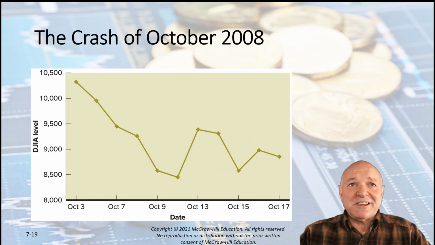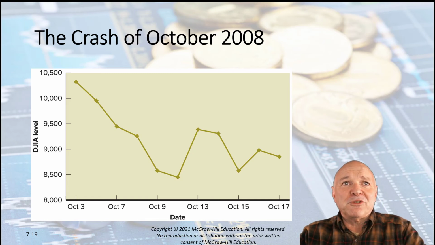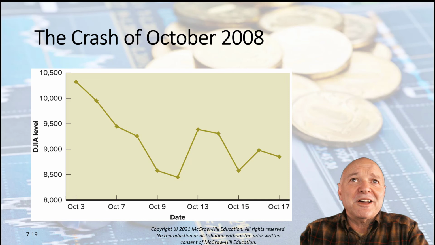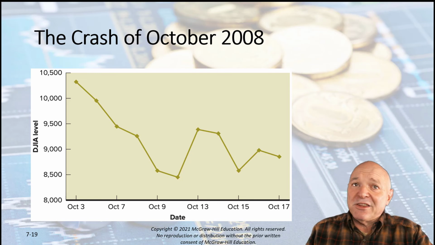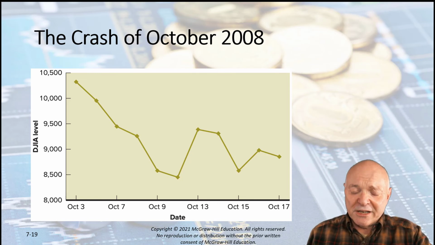And we could see that happening, of course, going from a peak on October 3rd of 2008 down to a value about 2,000 points less by the 10th of October. And recovery didn't really happen until about 2011.